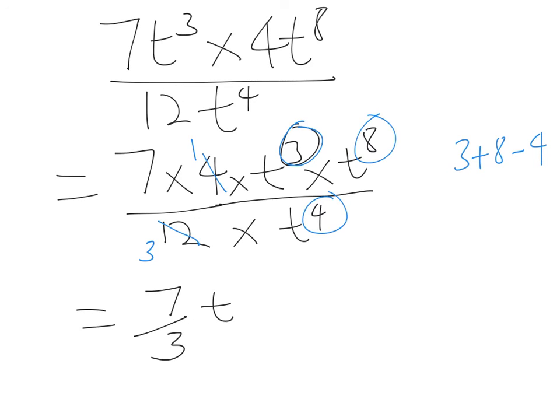So really I'm just going to be going 3 plus 8 minus 4. When you incorporate the ones from below the line, they become negative when you subtract them. So 3 plus 8 is 11, take away 4 is 7. So the power, or the index, becomes 7. So the answer is 7/3 t to the power 7.